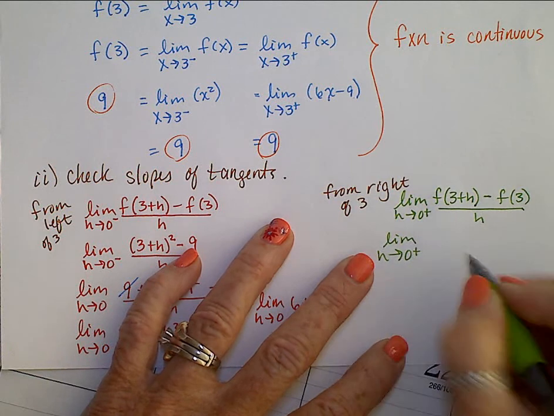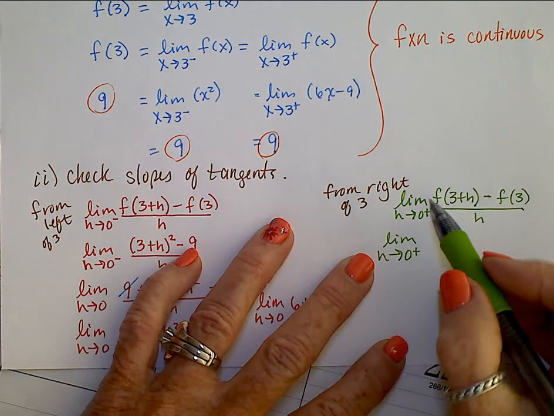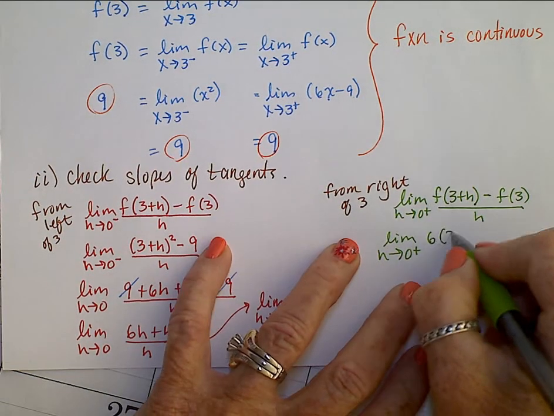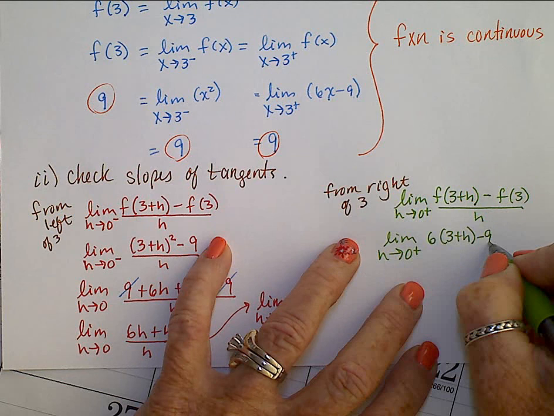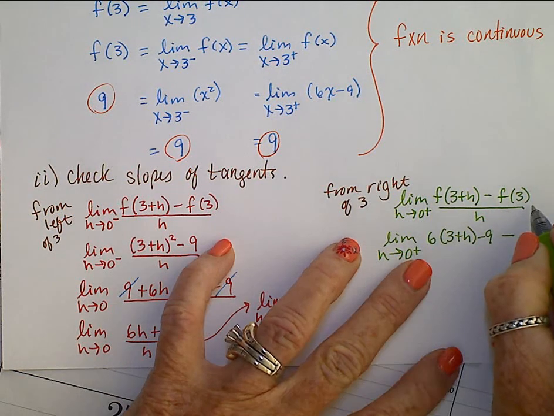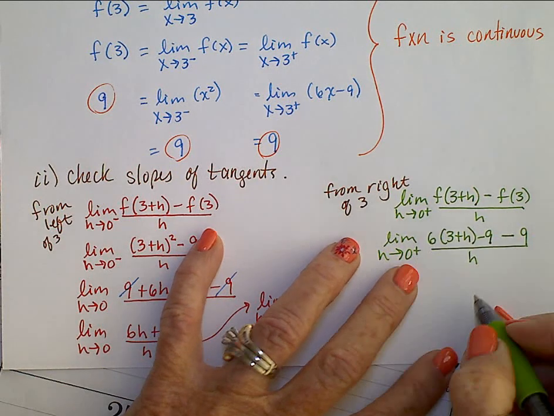The function this time, we're on the right side of 3, so that's 6x minus 9. So in this case, it will be 6 times the 3 plus h minus 9 minus f of 3, minus 9, all over an h.